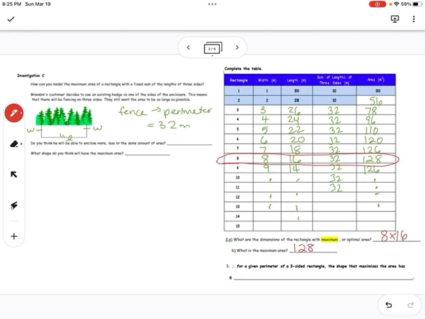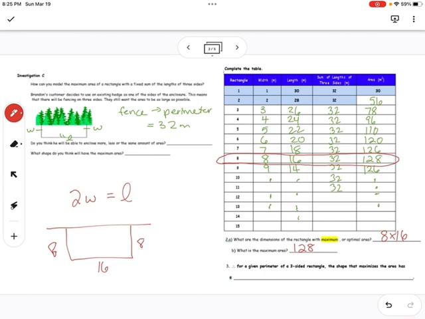So what we notice, we have a width of 8, a length of 16. So it's actually 2 times our width is equal to our length. Okay, so that's, if we have our hedge on one side, we're going to have 8, 8, and 16.